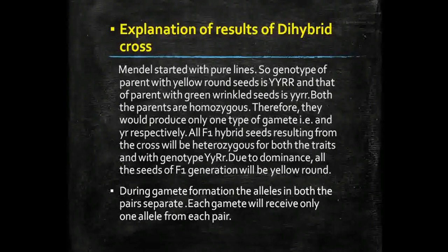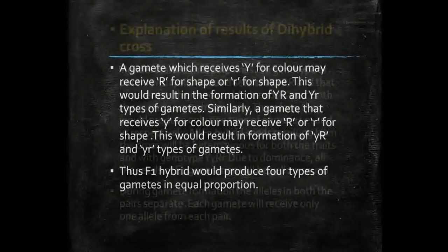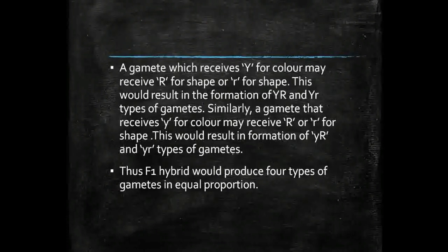Next, during gamete formation, the alleles in both the pairs separate. Each gamete will receive only one allele from each pair. So this is a very important point: during gamete formation, the alleles in both the pairs separate out and each gamete will receive only one allele from each pair. A gamete which receives capital Y for color may receive capital R for shape or small r for shape.